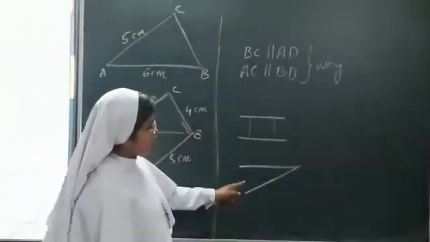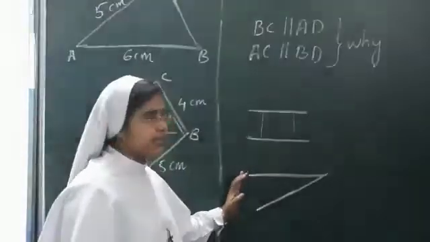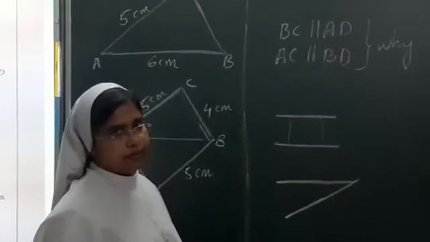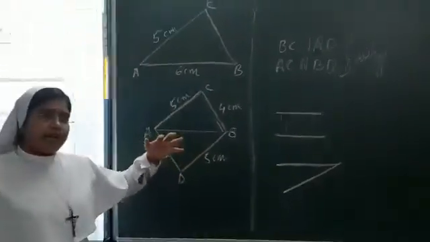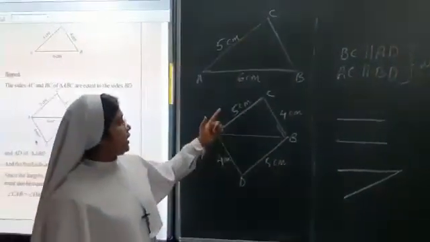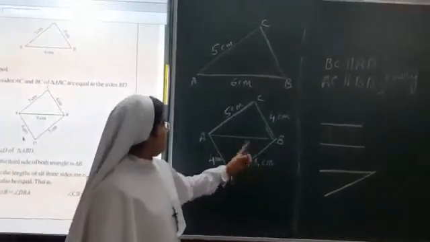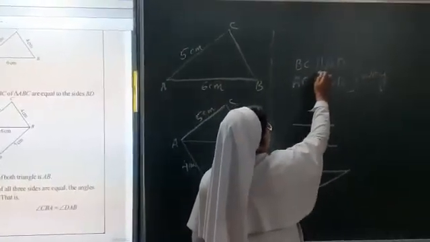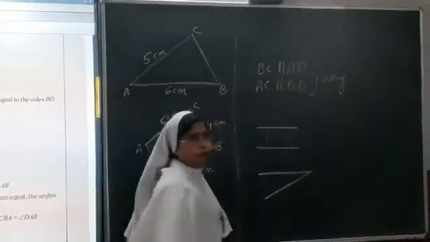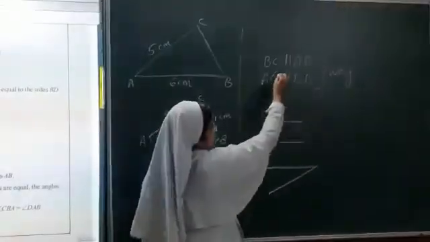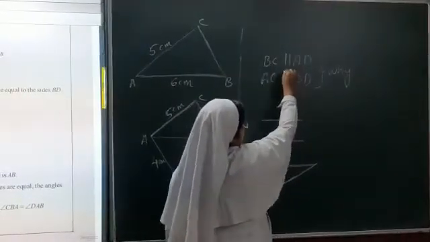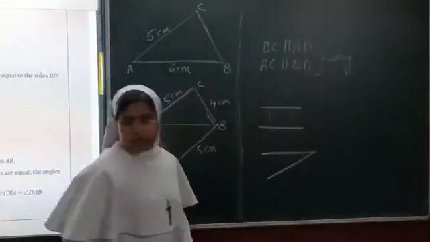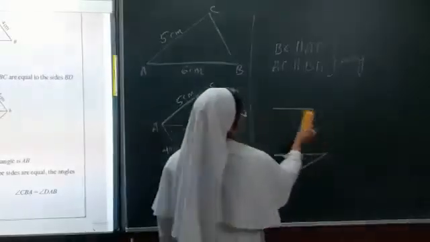So these are not parallel lines, but these two lines are parallel. So I want to bring your attention that AC is parallel to DB and AD is parallel to BC. Here we use this sign for parallel. I hope you all know this sign is used for parallel. BC is parallel to AD and AC is parallel to BD. Why so? Now we have to find out why they are parallel.